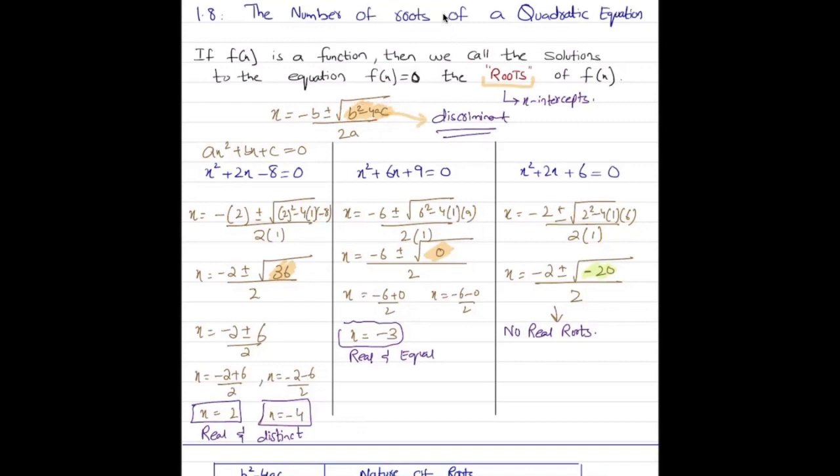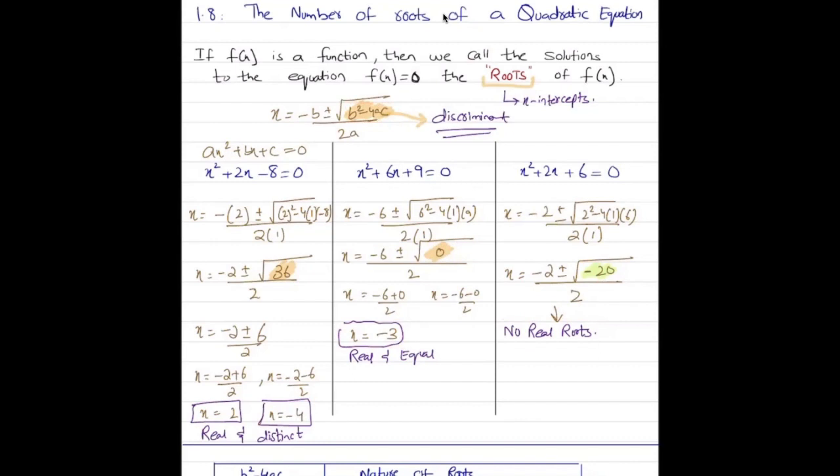If the discriminant b square minus 4ac is positive, there are two different roots, real and different. If b square minus 4ac is 0, then the roots are real and equal. And if b square minus 4ac is negative, less than 0, then there are no real roots.